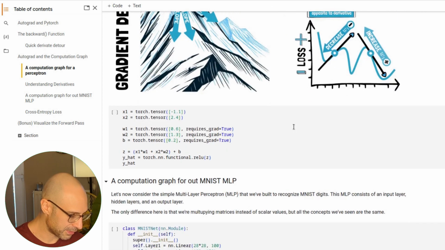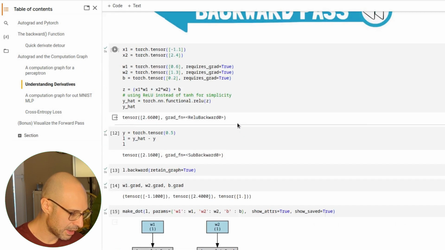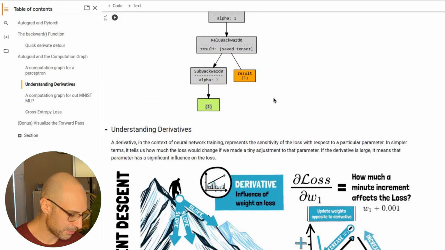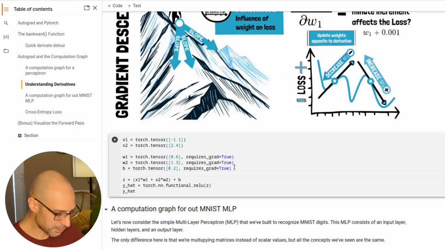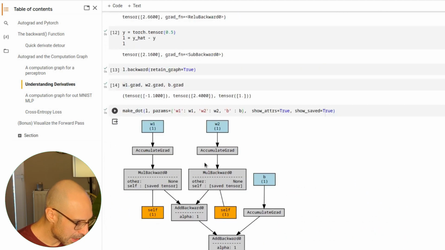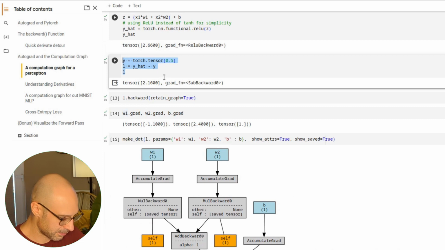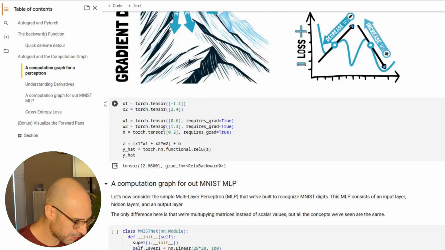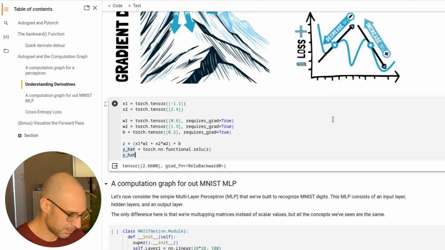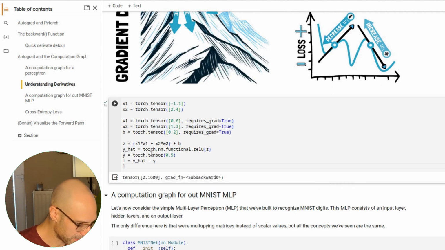Let's take a look at this. This is exactly the same expression that we have up here. So I'm just going to run it. And as you can see, actually, let me also add the calculation of the loss. There it is. So obviously the loss is exactly the same.